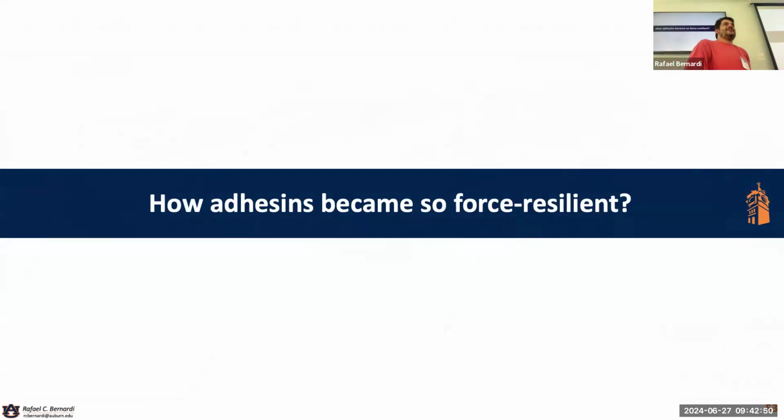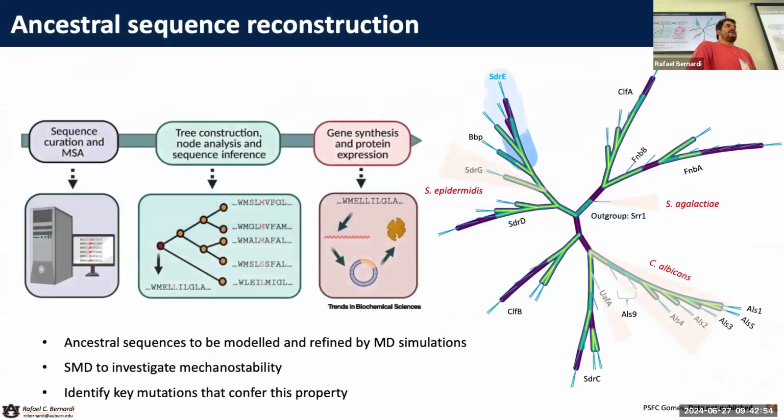How this system became so force resilient is something that Priscilla in our lab is studying. She discovered something that is, at least I find, even cooler. We discovered that this system is super strong, and she was able to see that it looks like they're evolving to become stronger.